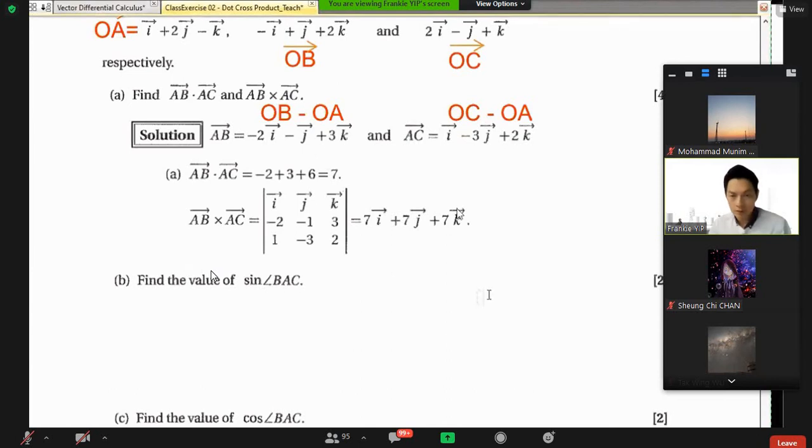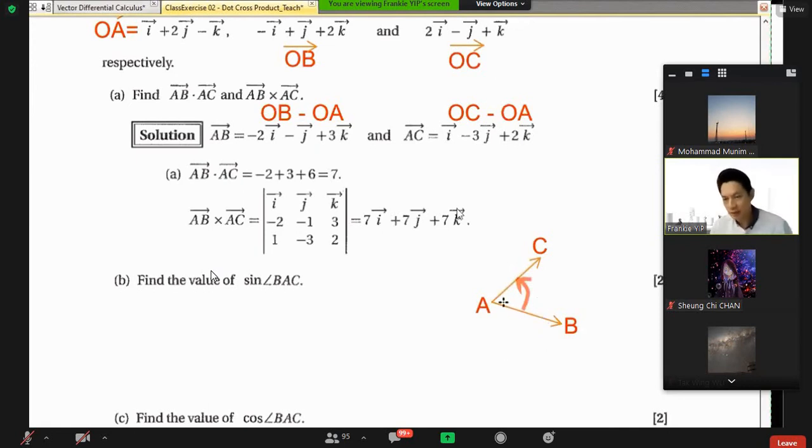Okay, so BAC, that means A is here. For example, maybe B is here. And just simple, just average 3 direction. And then if we have AB dot AC or cross, you are doing something like that. So the angle over here should be like here.